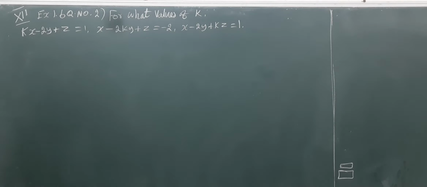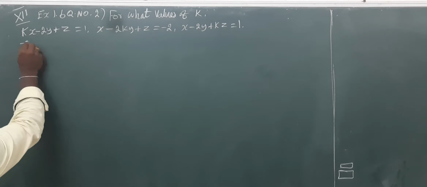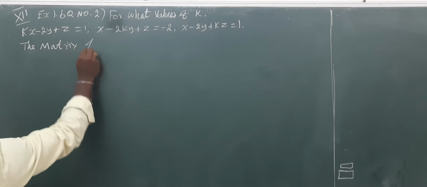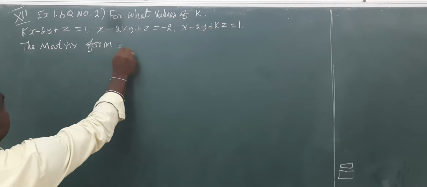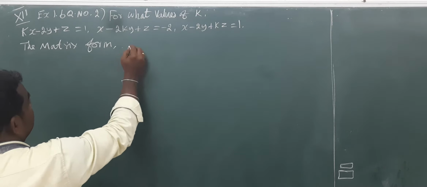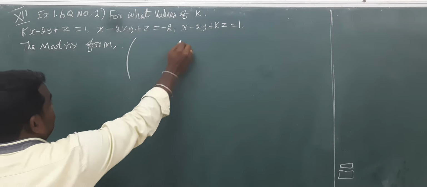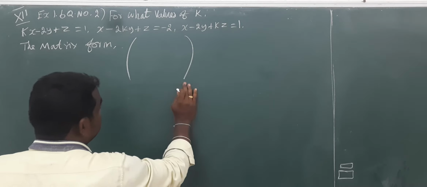So already I taught you how to form the matrix form. You write the matrix form, AX equal to B. You write the coefficient of x, y, z of one matrix.